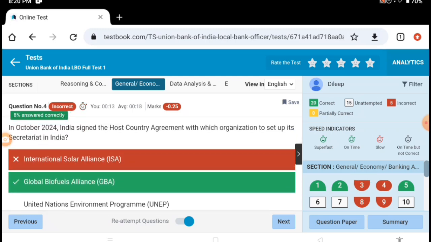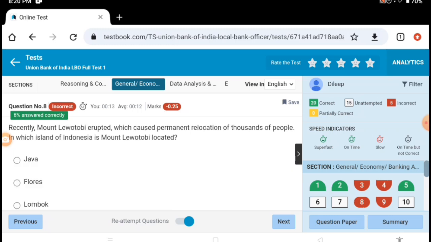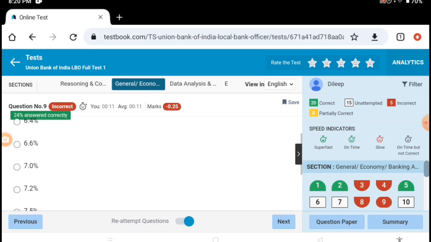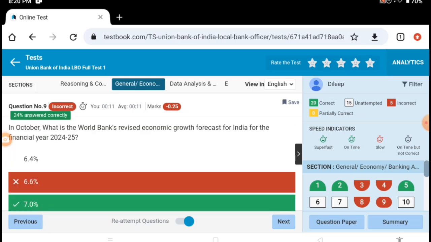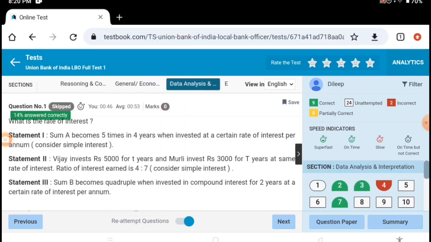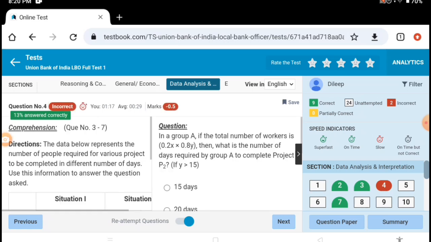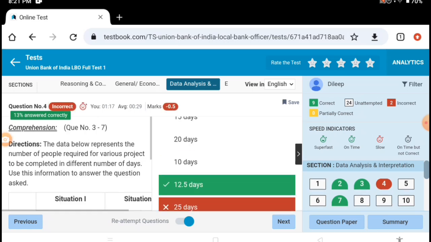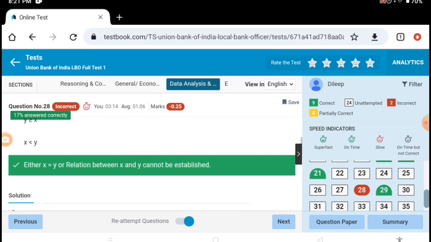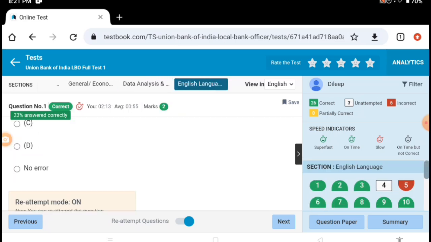Global biofuels. And 7. Two are wrong. English 6 wrong.